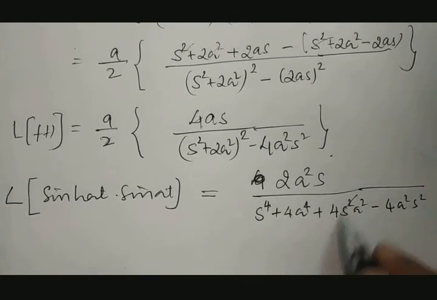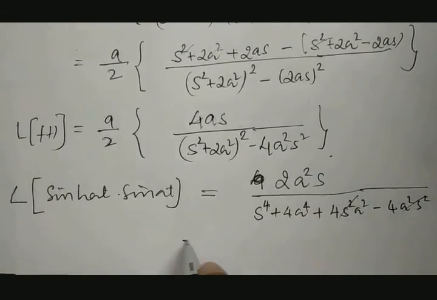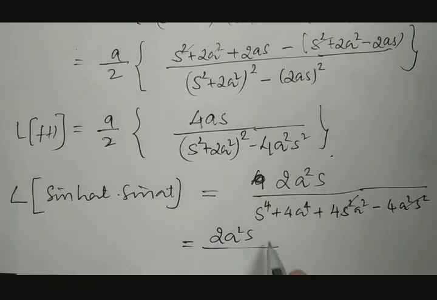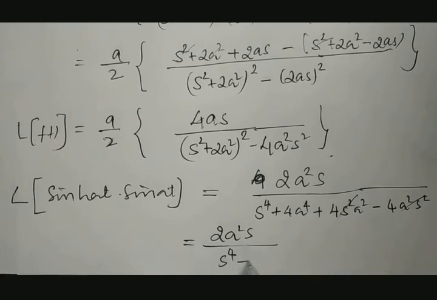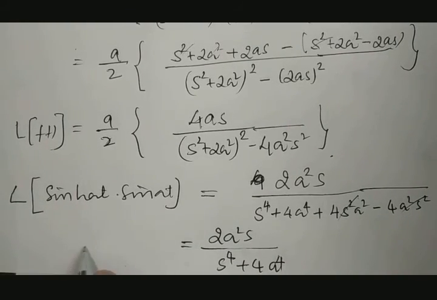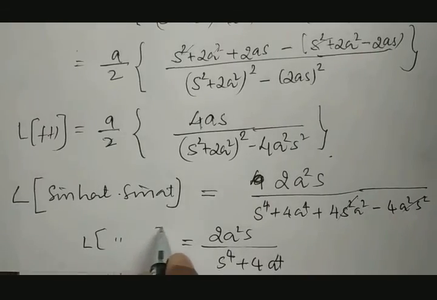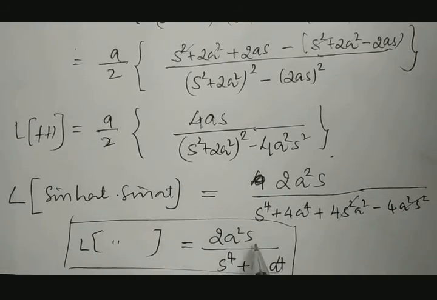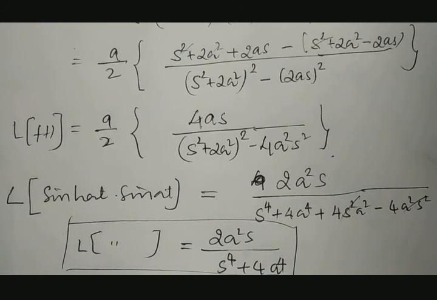So this term again gets cancelled. Therefore, this is equal to 2a square s divided by s raised to 4 plus 4a raised to 4. The Laplace transform of this is equal to 2a square s divided by s raised to 4 plus 4a raised to 4. Thank you.